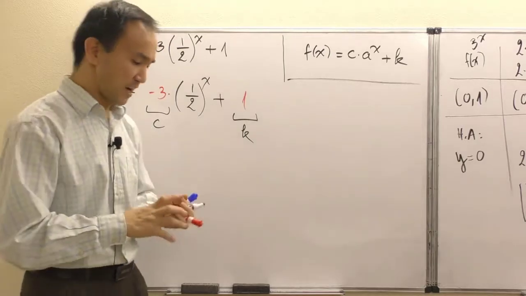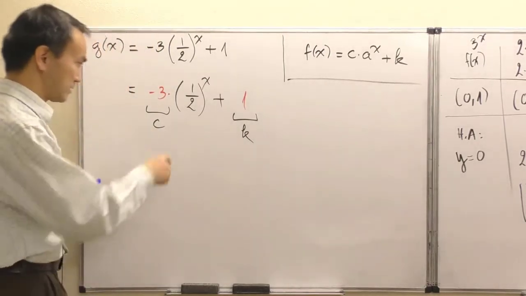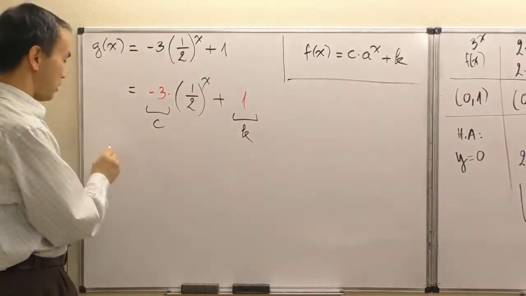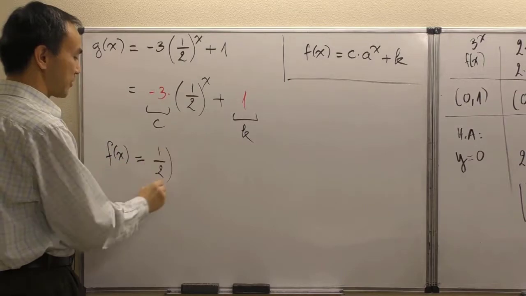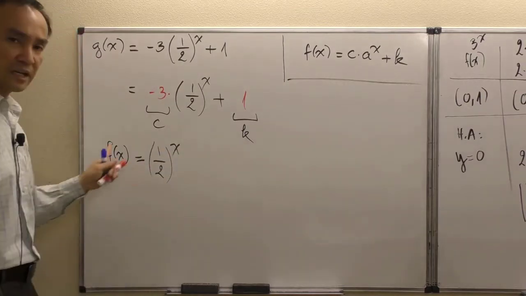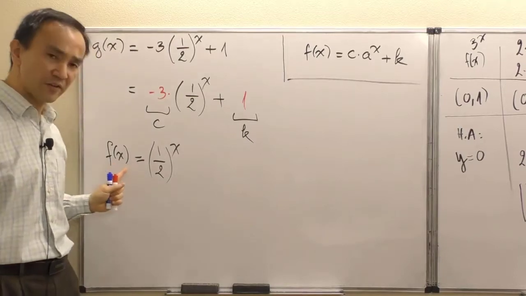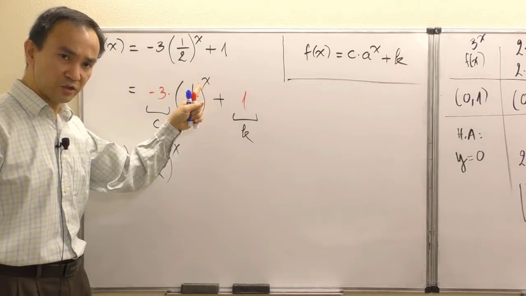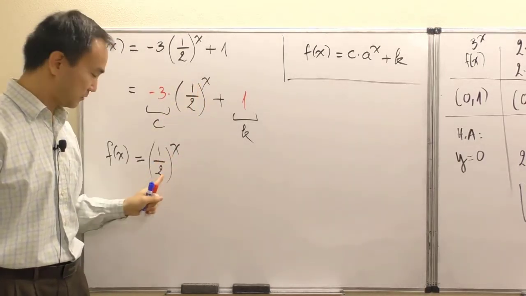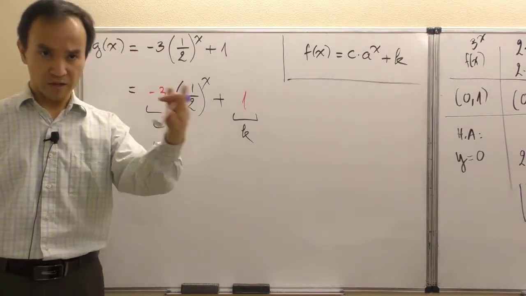As a reminder, we can call the parent function f of x. This is what we recognize from our example 4 over here. The parent function f of x is really 1/2 to the x. Base is positive, of course, but less than 1.